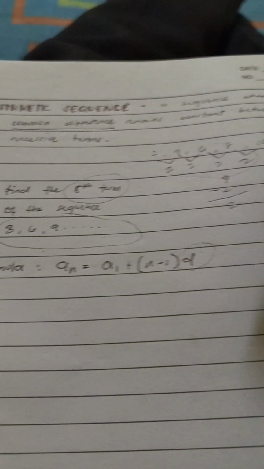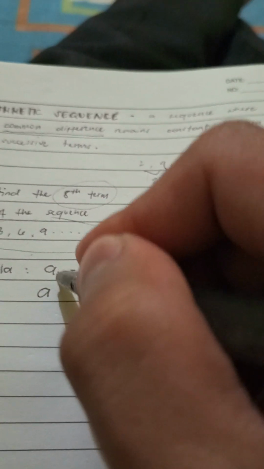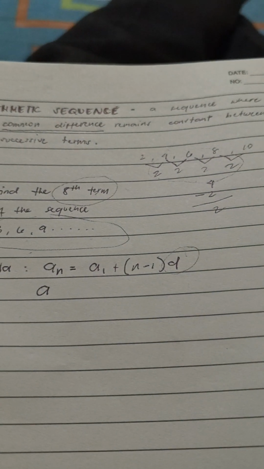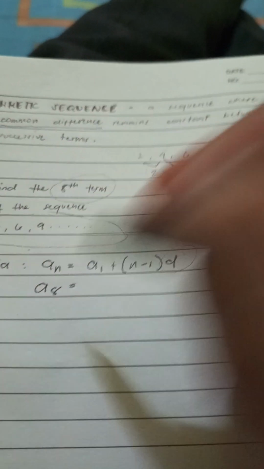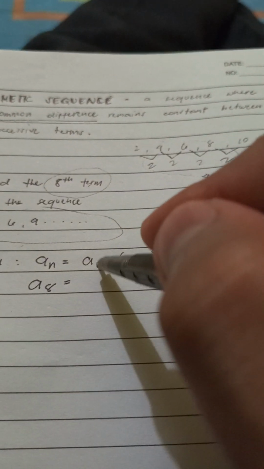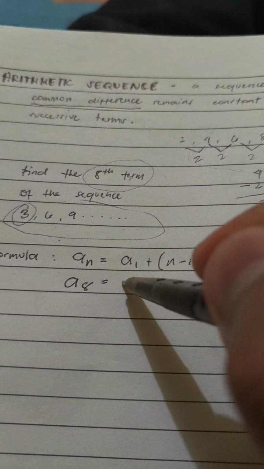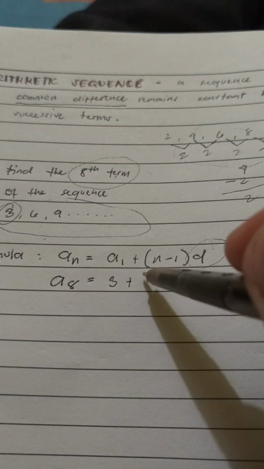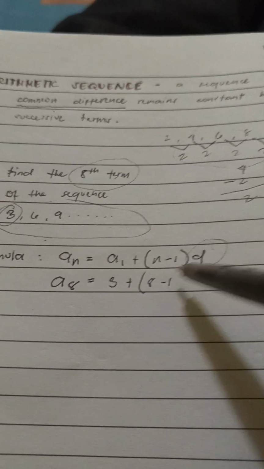So let's try to solve this problem. We just need to substitute each value. Our n is the term that we need to find, which is the eighth term, so it is a sub 8. Our first term, a sub 1, is 3, plus n, which is 8, minus 1.